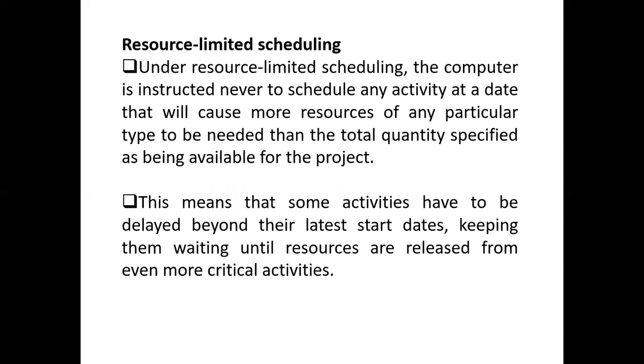Under resource limited scheduling, the computer is instructed never to schedule any activity at a date that would require more resources of any particular type than the total quantity specified as being available for the project. What does this mean? This means that some activities have to be delayed beyond their latest date, kept waiting until resources are released from even more critical activities.